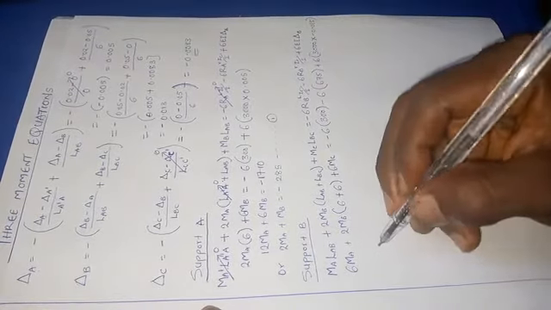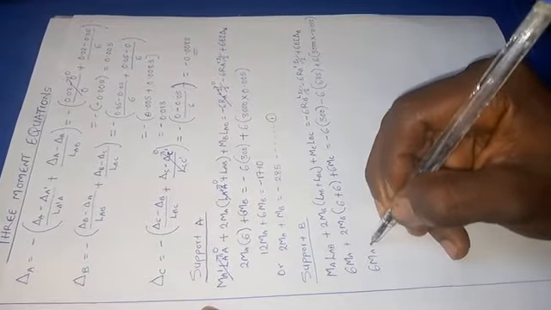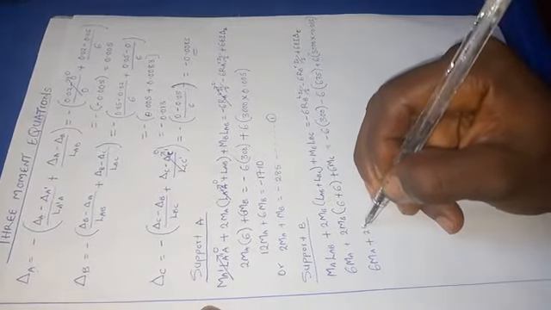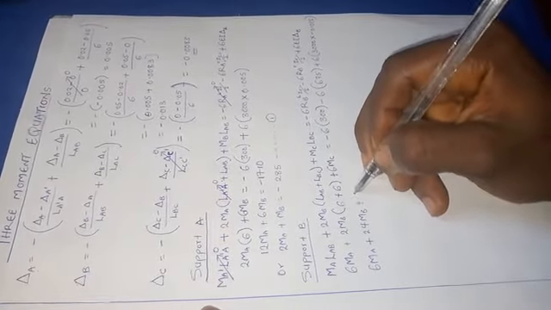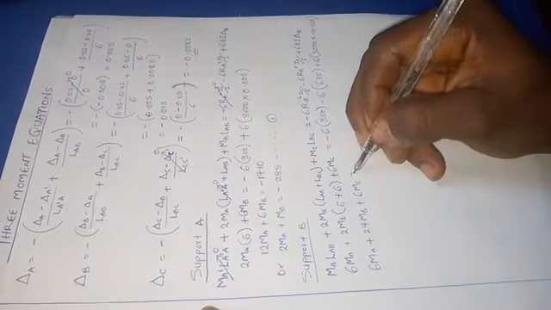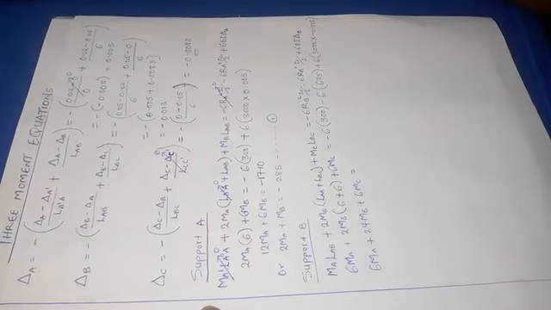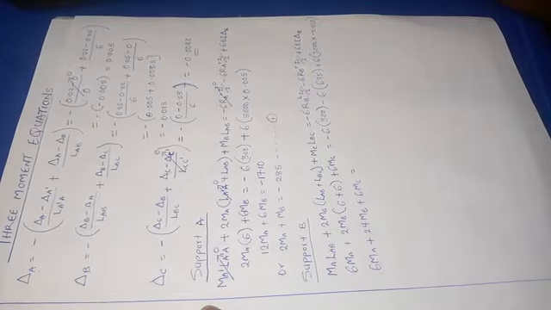So if we expand this, we have 6 moment at A plus 6 and 6 will give me 12, and 12 times 2 will give me 24 moments at B plus 6 moments at C, which will be equal to minus 6 times 300, then minus 6 times 675, then plus 6 times 3000 times minus 0.013.